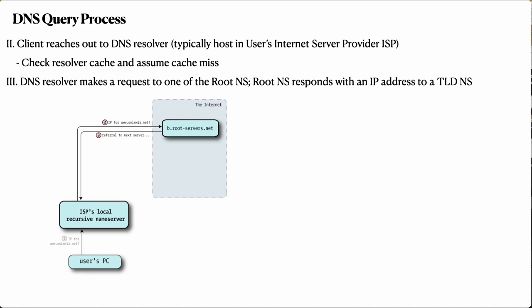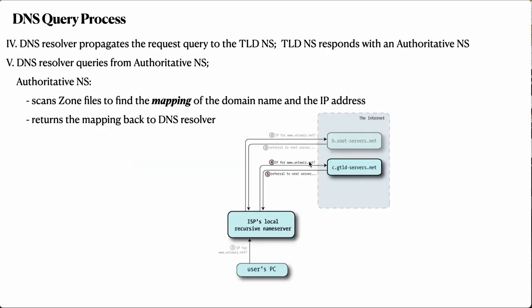It will first check the resolver cache to short circuit the current lookup process to resolve the domain name to an IP address. And here we assume there is a cache miss for both the browser and the operating system. So the DNS resolver is going to make a request to one of the root name servers, and the root name server will respond with an IP address of a top-level domain name server.